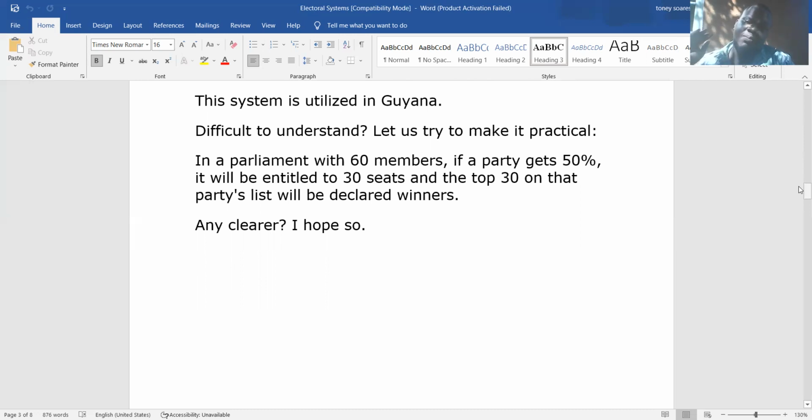Remember, people vote for political parties and not candidates. So each party will put their 60 prospective candidates on the paper in order, from the top, the most important being the party president, right down to the unpopular person. So if they win 30, they are going to select from number 1 to number 30.